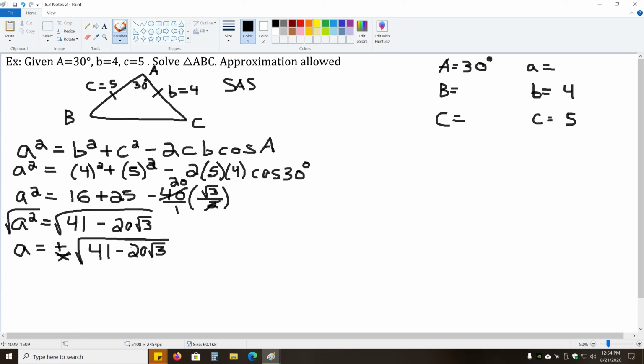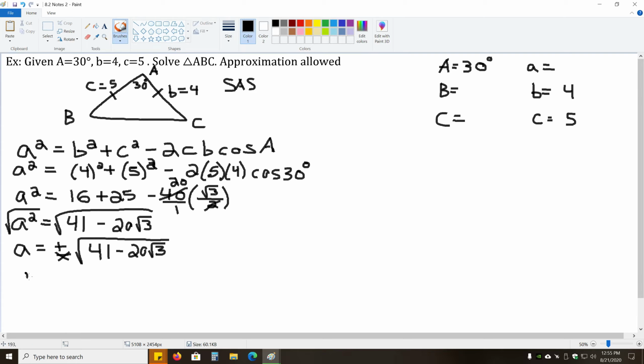And this is why the problem says approximation is allowed. We don't want to leave this as our final answer for side A. Although it is technically an exact answer, this is extremely messy, and really we have no idea what this actually represents. Personally, if I looked at this, I would have no idea what this is even close to.